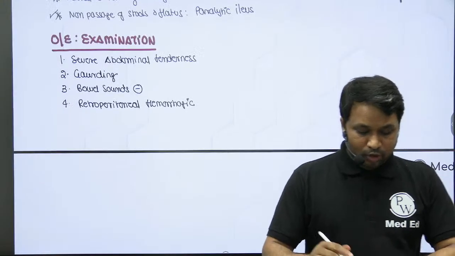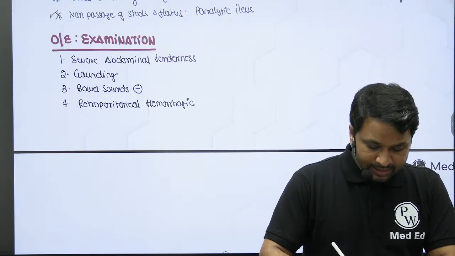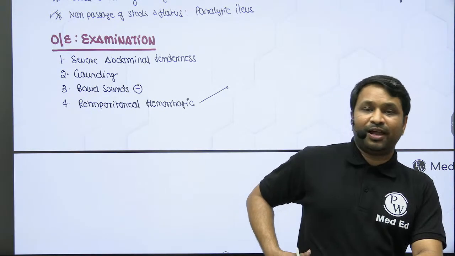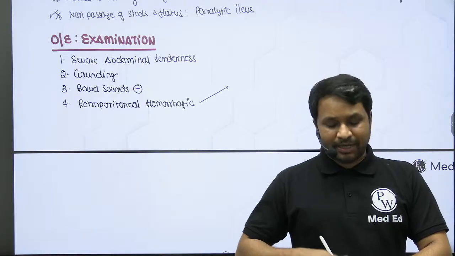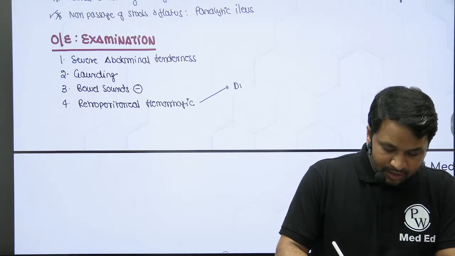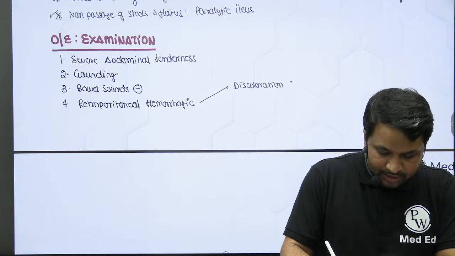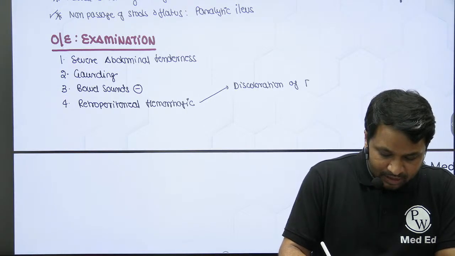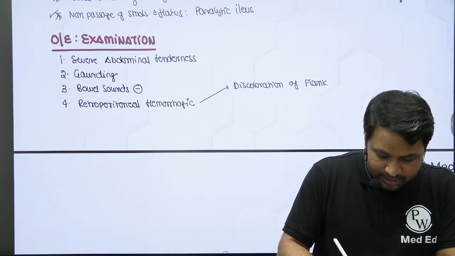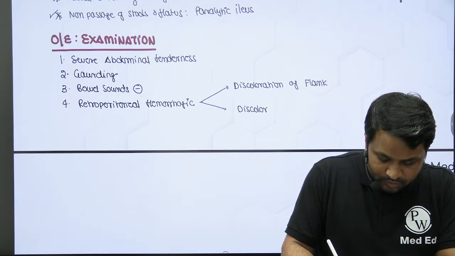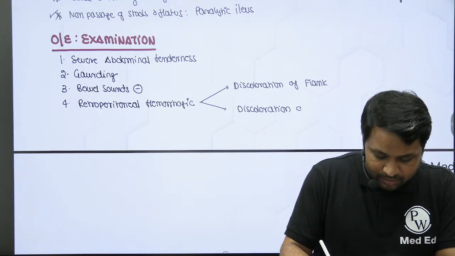So in a retroperitoneal hemorrhage, there are two signs that you should know. One, there will be discoloration of the flank, and there is discoloration of the periumbilical region.